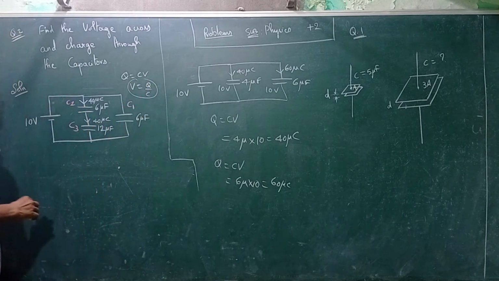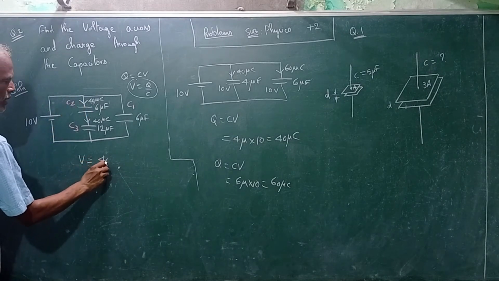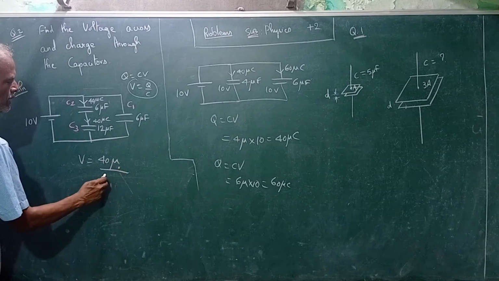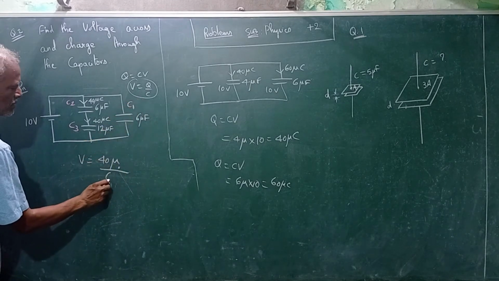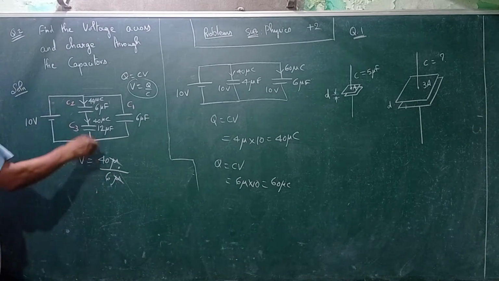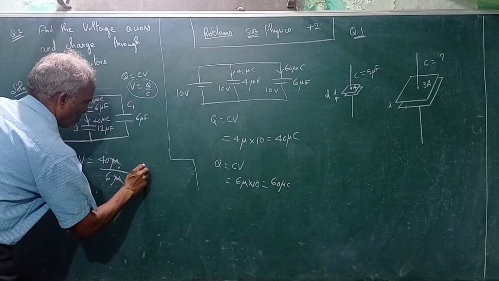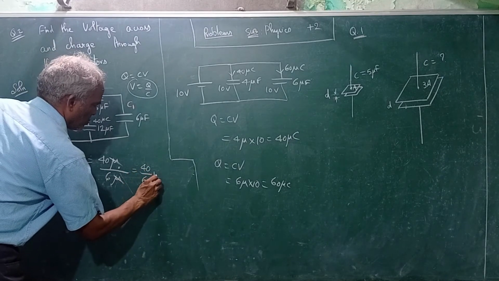Okay. So I want the voltage here. V is equal to the charge, 40 microcoulomb, divided by this capacitance, 6 microfarad. The micro cancels, so the voltage here is 40 by 6 volts.